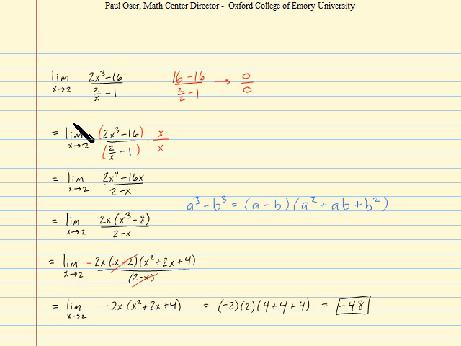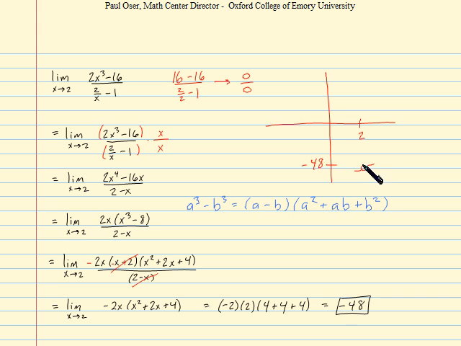Now, what does that mean graphically as to what's going on in the graph of this function, y equals this expression? Well, the limit existed. So as x approaches 2 from the left or from the right, the height of the function must be getting arbitrarily close to a height of negative 48.